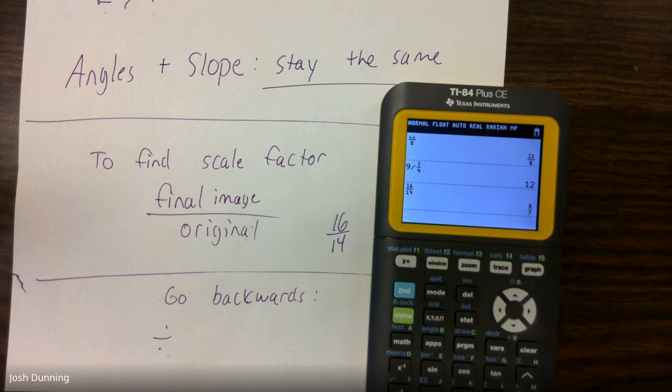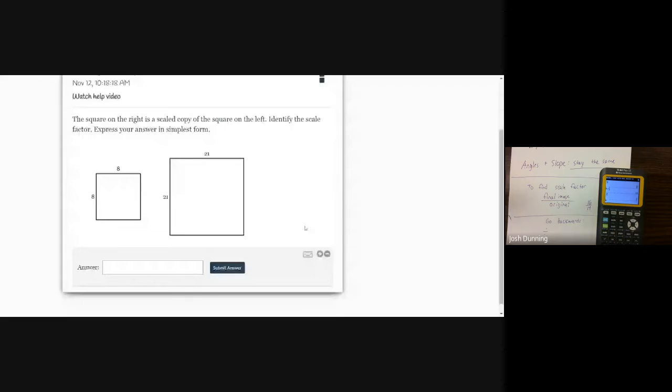And let me see here. The square on the right is a scaled copy of the one on the left. So the one on the left is the original. The one on the right is the new, the final image.